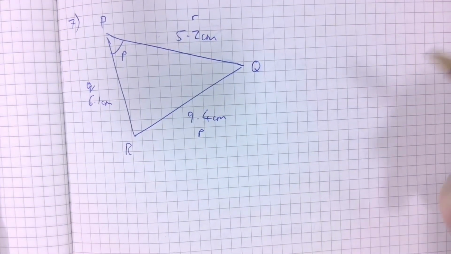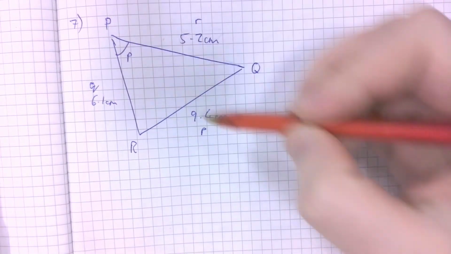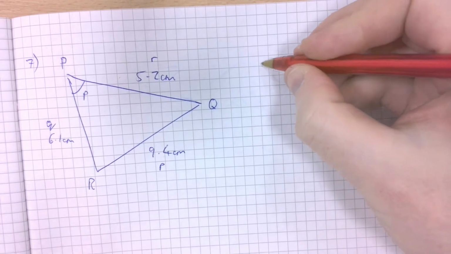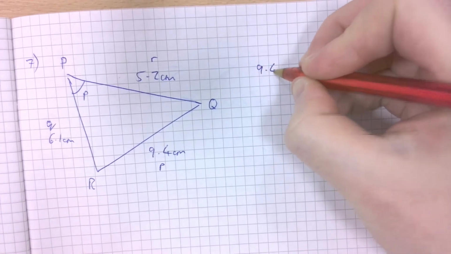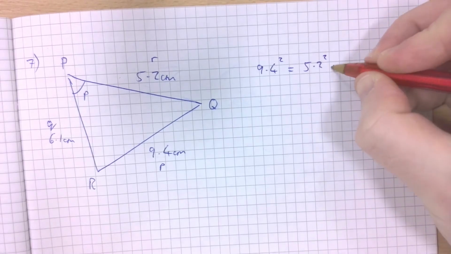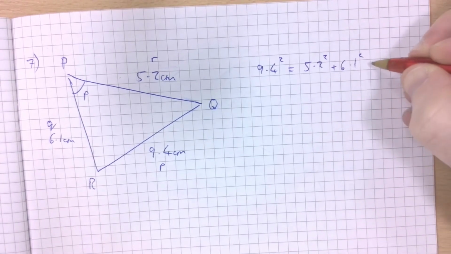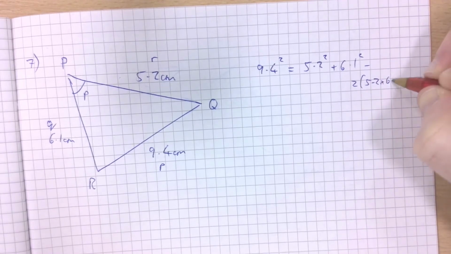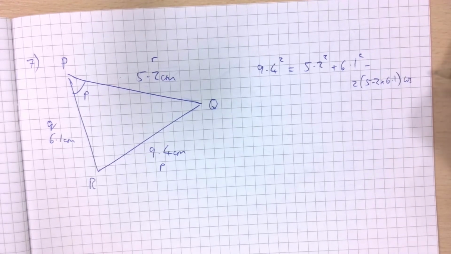Because I have angle P, it makes sense to use the opposite side length as the subject of this cosine rule formula, i.e. 9.4 squared equals 5.2 squared plus 6.1 squared minus 2 times 5.2 times 6.1 multiplied by the cosine of angle P.